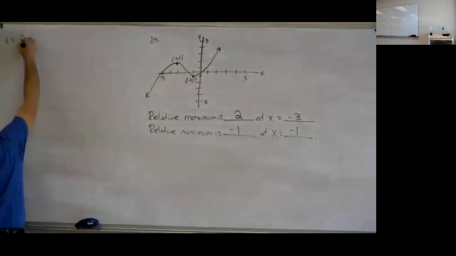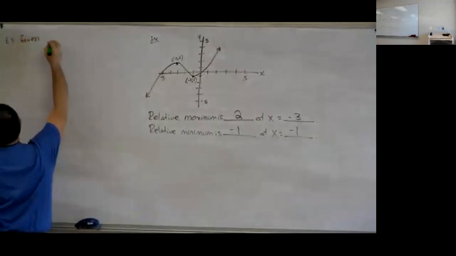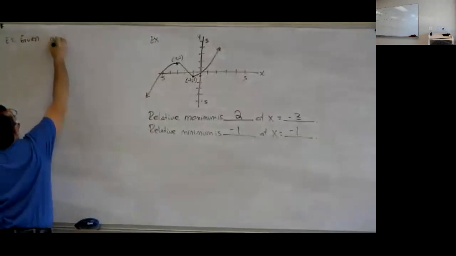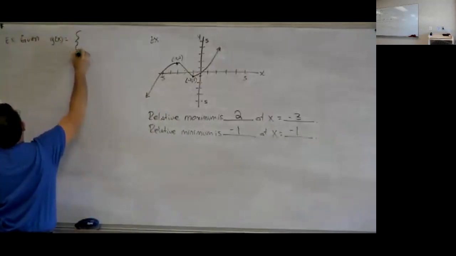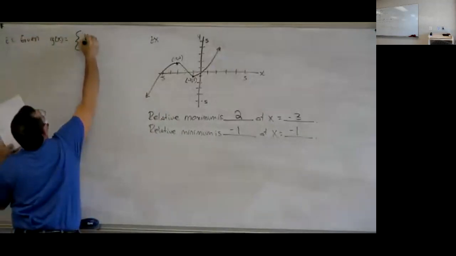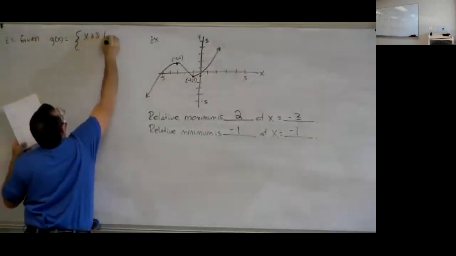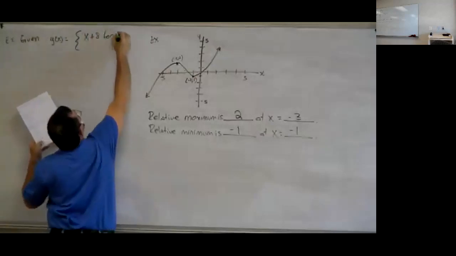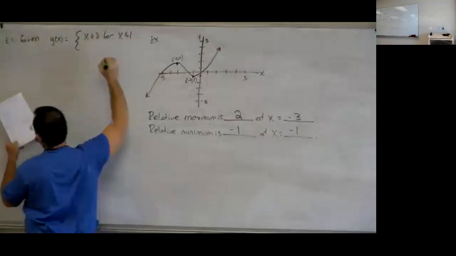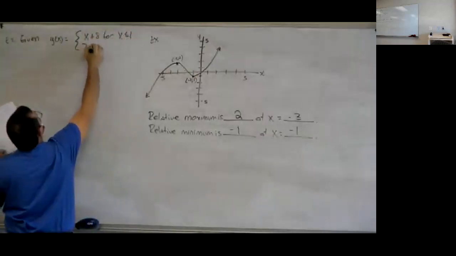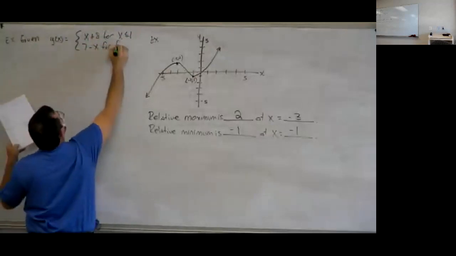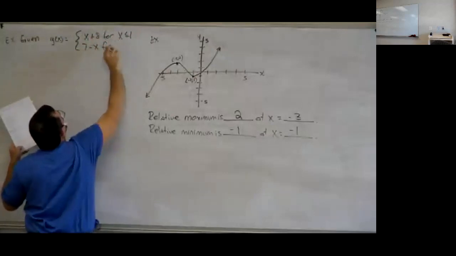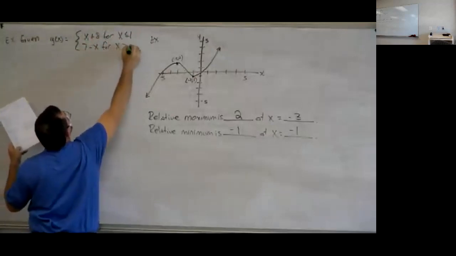All right, given g of x equals x plus 8 for x less than or equal to 1. It's going to equal 7 minus x for x greater than that 1.